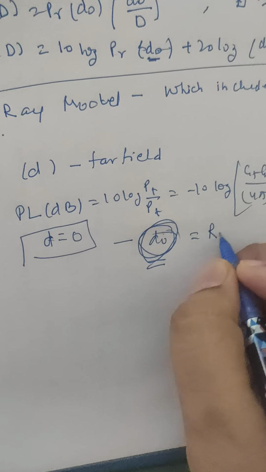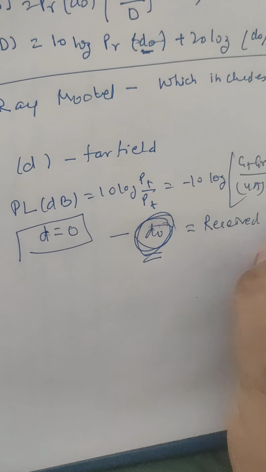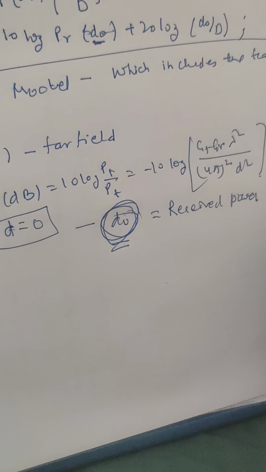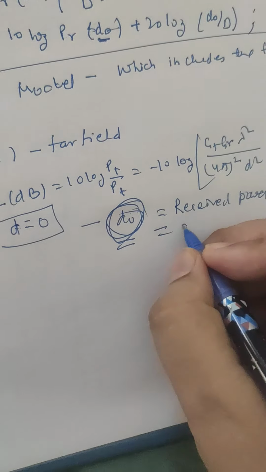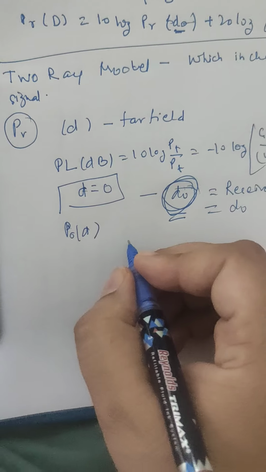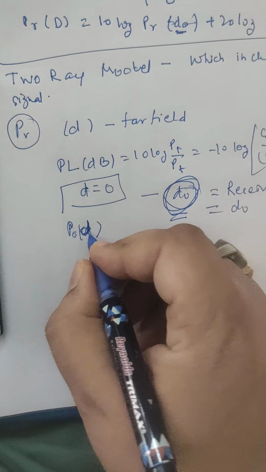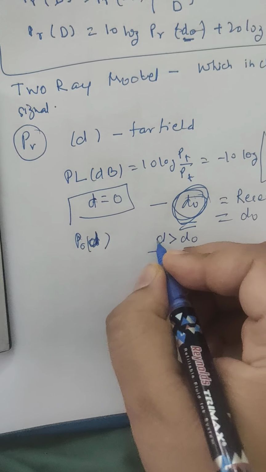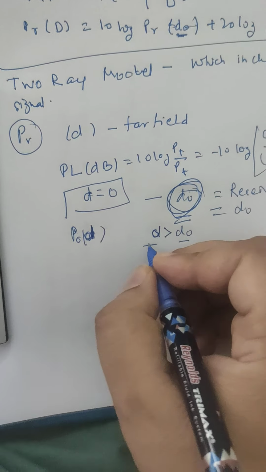This is the received power reference point. So the received power Pr(d) at any distance d is always greater than the reference distance, the separation between transmitter and receiver being much larger than the reference point.